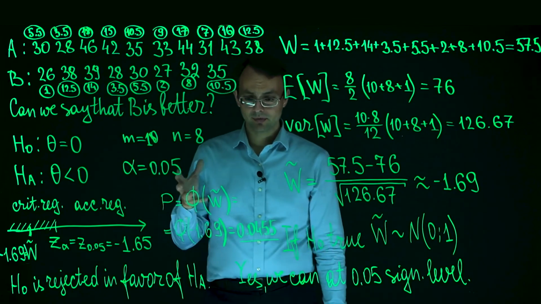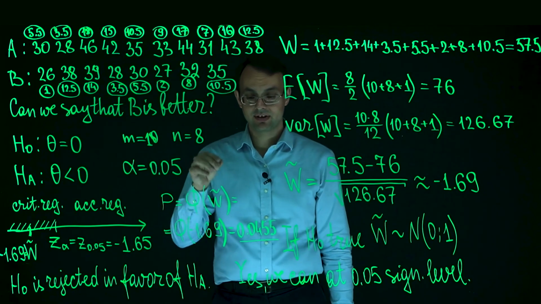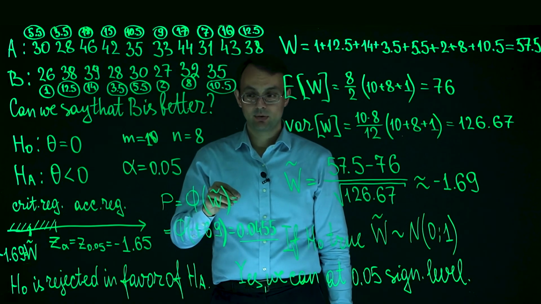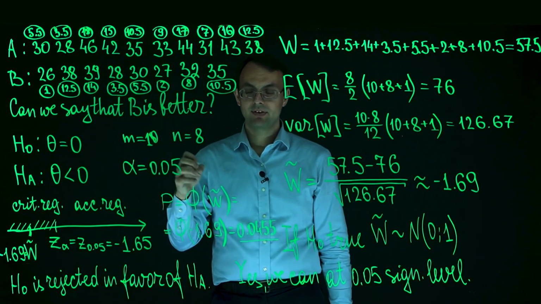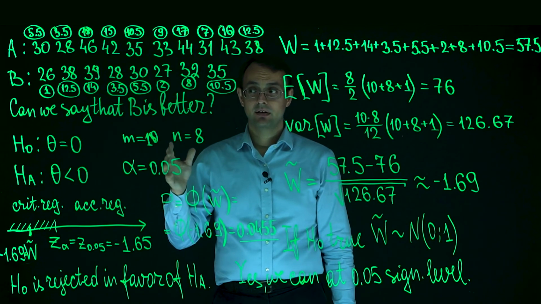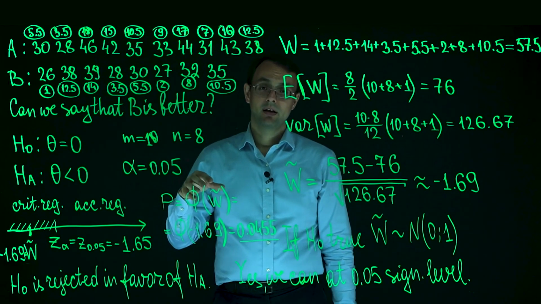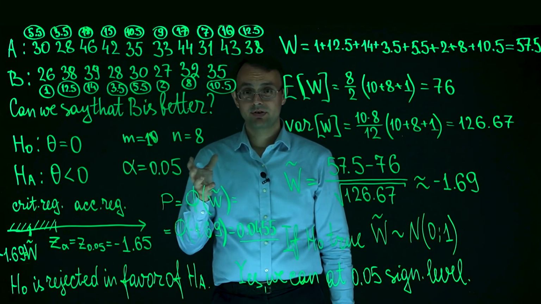So after we have got the p-value, we are to choose the significance level and compare it with the p-value. If our significance level is more than the p-value, then the null hypothesis is rejected. If our significance level is less than the p-value, the null hypothesis is accepted.